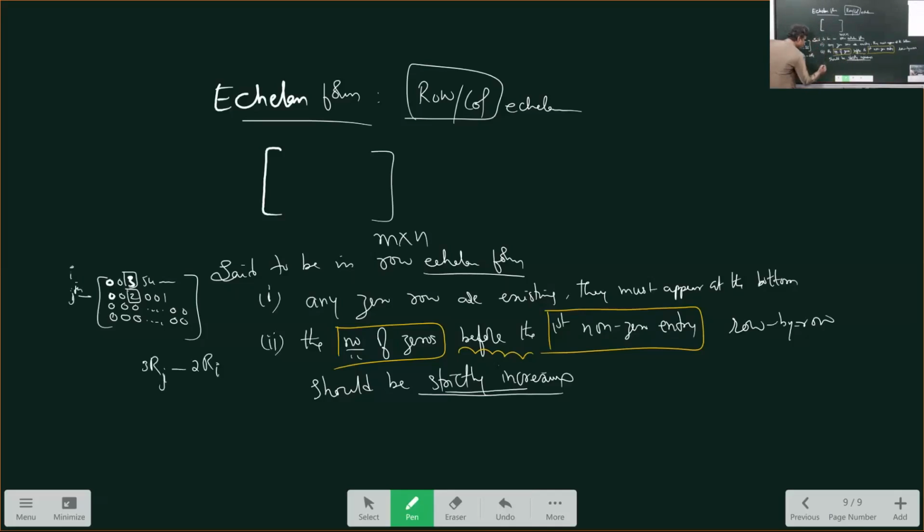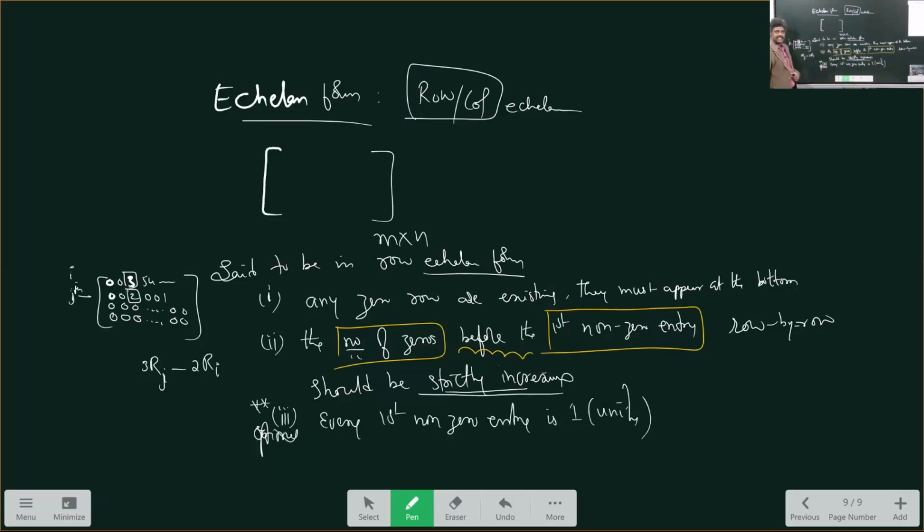Okay, there is an optional point to be remembered. I am saying it's optional. Every first non-zero entry is 1, unity. So this is optional.